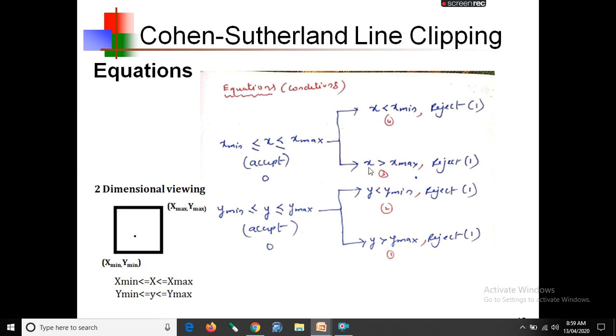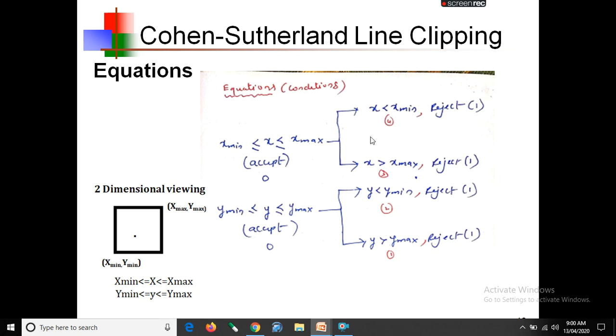If the x coordinate value is greater than x maximum, then also we need to reject that point. Rejection is represented by 1 in our algorithm or program. Accept is represented by 0.